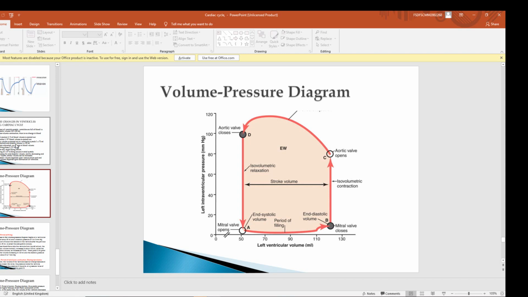This is the volume pressure diagram, which is produced between left ventricular volume and left intraventricular pressure, and this shows us the opening of the mitral valve, closing of the mitral valve, opening of the aortic valve, and closing of it.